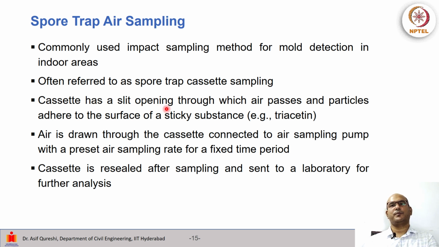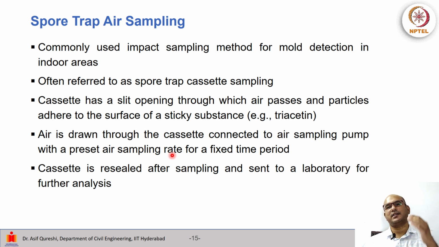From this slit opening, the air will pass and the particles will adhere to the surface of a sticky substance, for example triacetate. So air is generally drawn through the cassette, which is connected to an air sampling pump with a preset air sampling rate for a fixed time period.